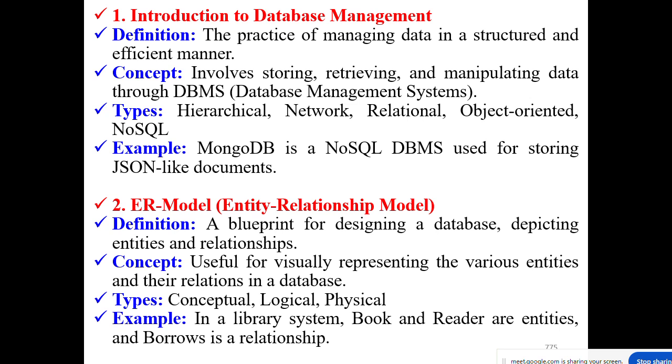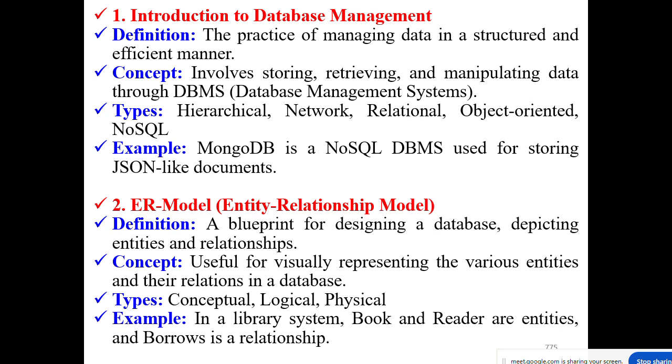An attribute is a characteristic of an entity, and a relationship says how two entities are related. It is a blueprint for designing a database, a collection of interrelated data depicting entities and relationships, like Ramchand, age, 35. It is visually represented through a diagram of various entities and their relationships in a database.